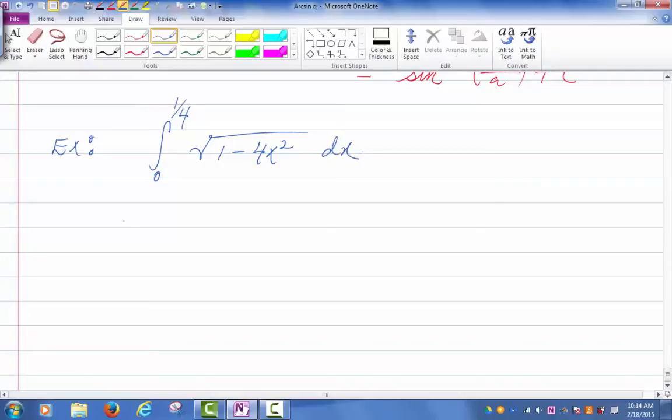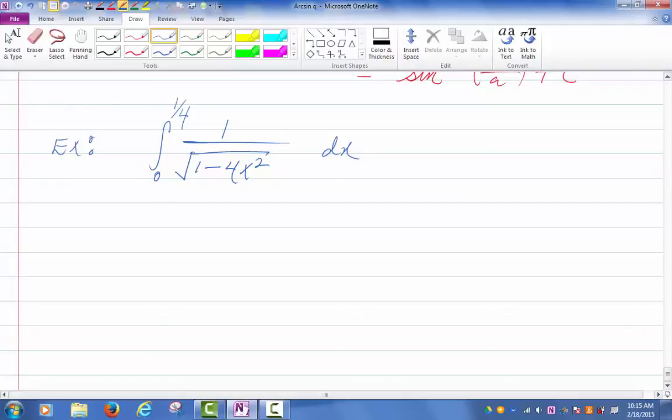In this case, this is 1 over the root of 1 minus 4x squared. So once again, it looks very close to the derivative of sine inverse, right? Remember, the derivative of sine inverse is what? The derivative of sine inverse is 1 over the root of 1 minus x squared.